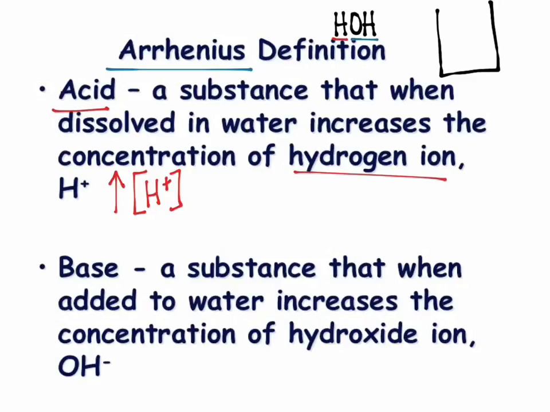So, if I were to have this beaker full of water, some of the water is going to be intact. So we have H2O molecules floating around in here. But we're also going to have a little bit of H ions and OH ions floating around.